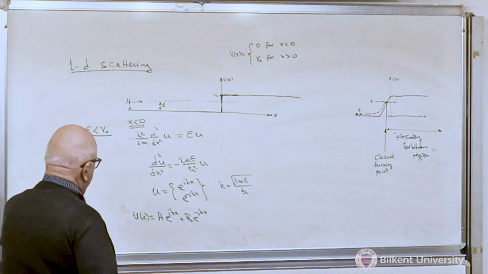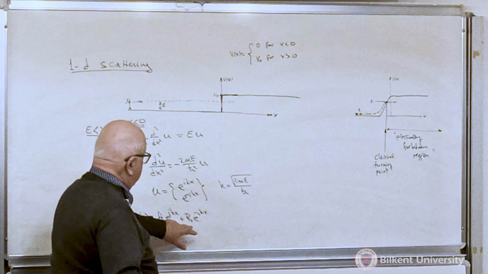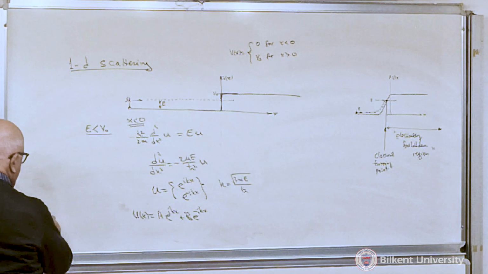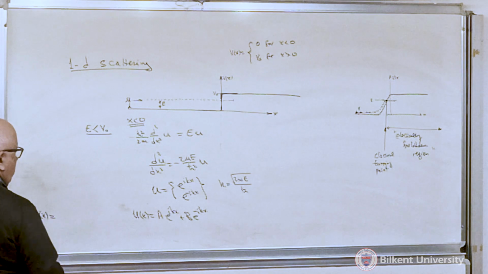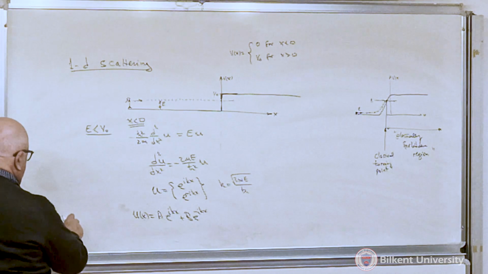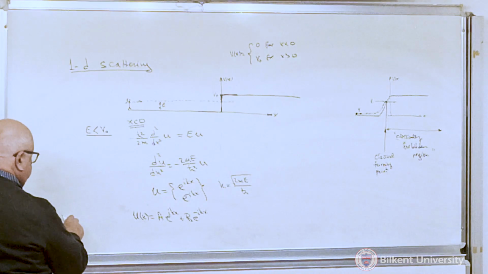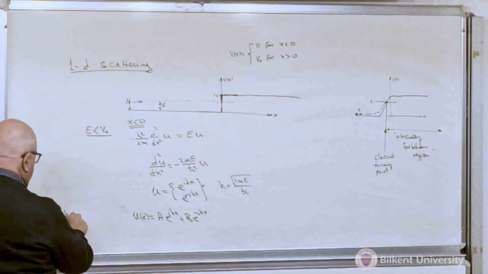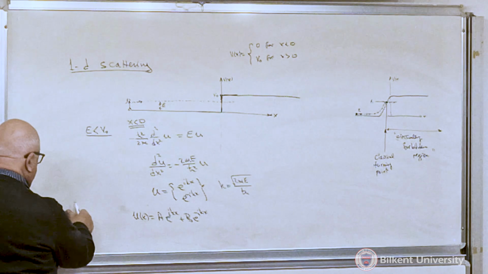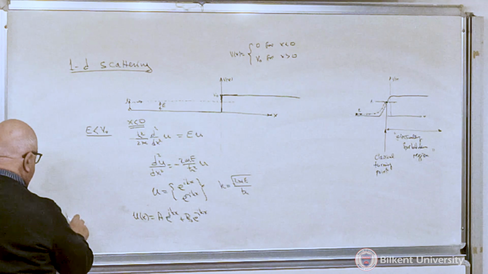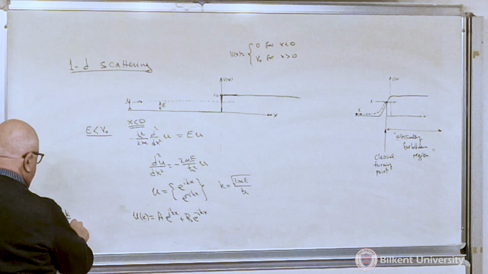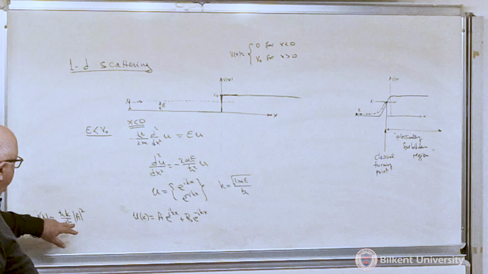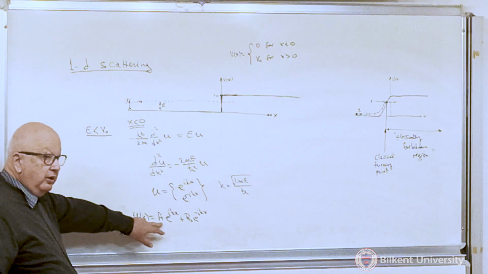Remember that this corresponds to a probability current with the prefactor h bar k over m times A squared coming from this term.